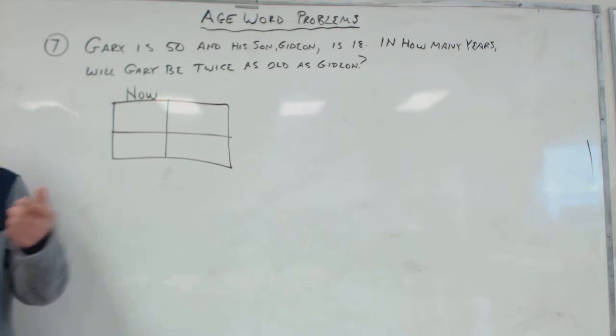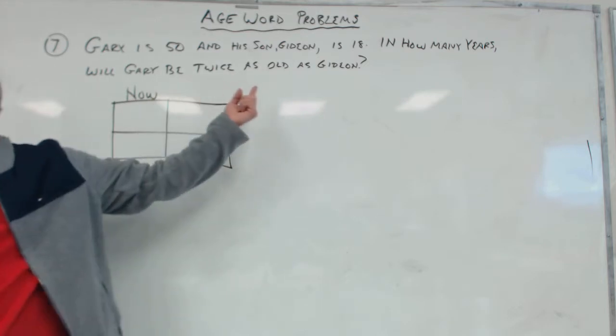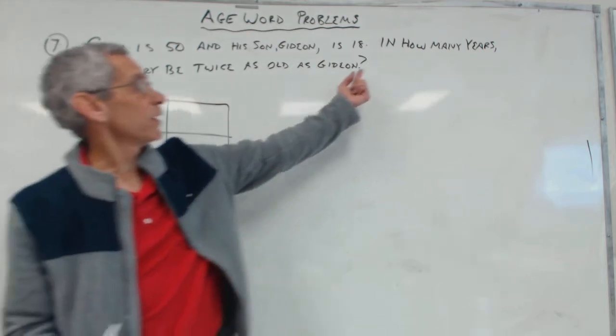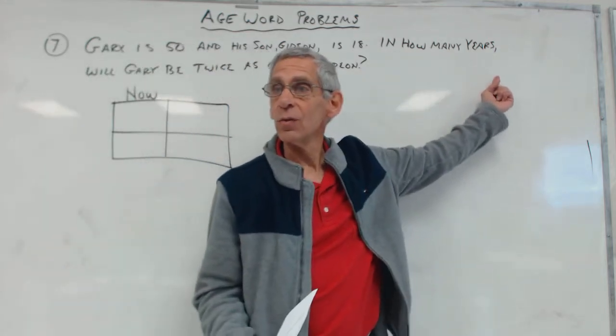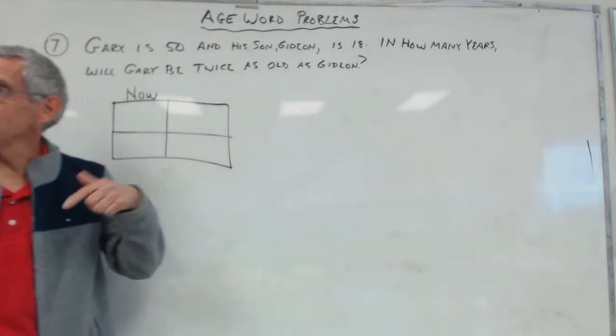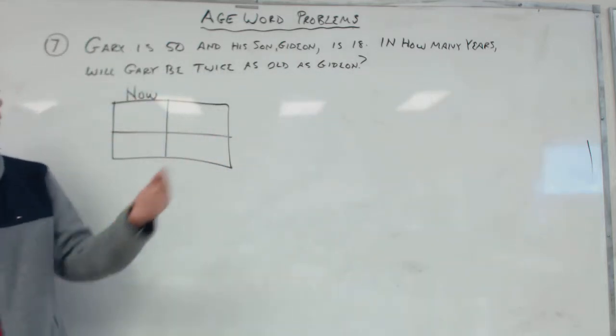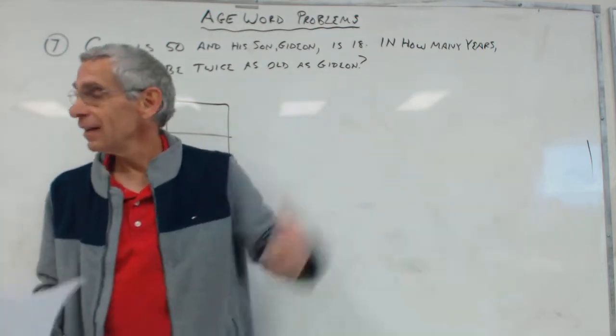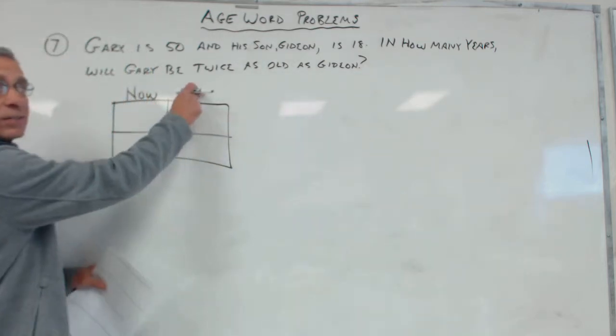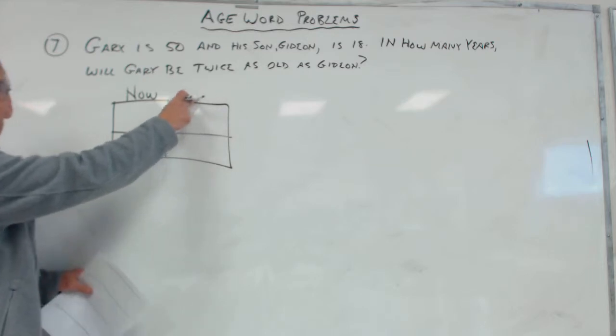We're not trying to find out their ages. We're being asked to find out how many years it will take for Gary's age to be twice as old as Gideon. Does that make sense? So this is what I'm solving for.